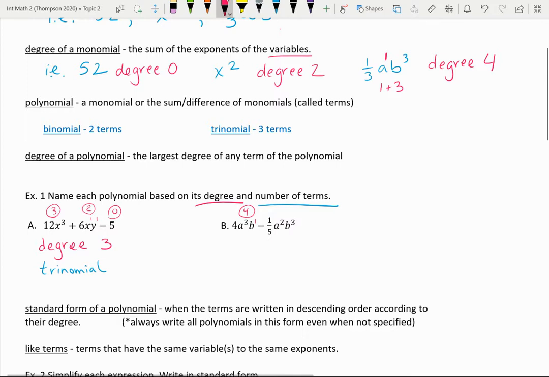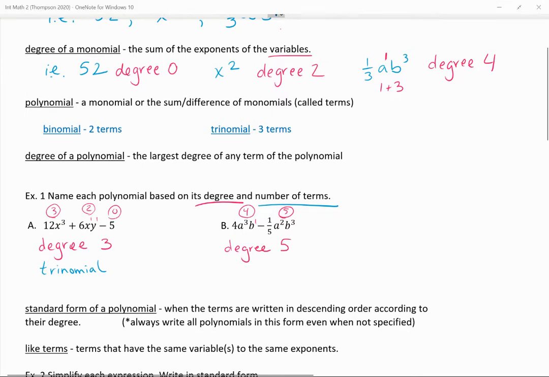And then for the second term, exponent of 2, exponent of 3 gives me a sum of 5. So whichever one's bigger determines the degree of the polynomial. So this is going to be degree 5. If I name this by the number of terms, I have 1 term, 2 terms. So this is called a binomial.